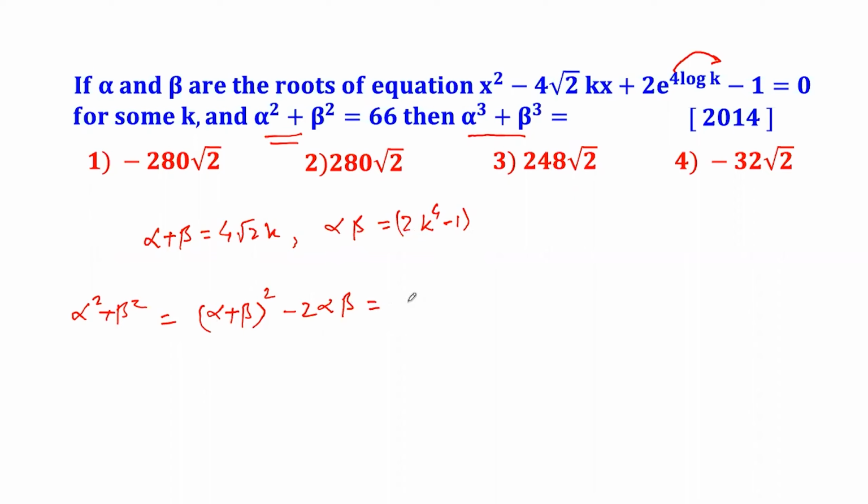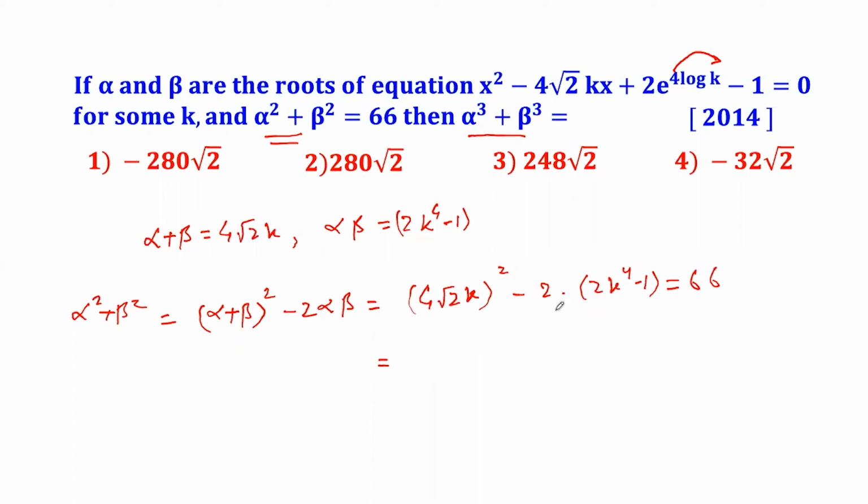So what we are getting in this case is (4 root 2 k) the whole square minus twice of 2k to the power 4 minus 1, right? And this is given as, in the question, this is given as 66, right?